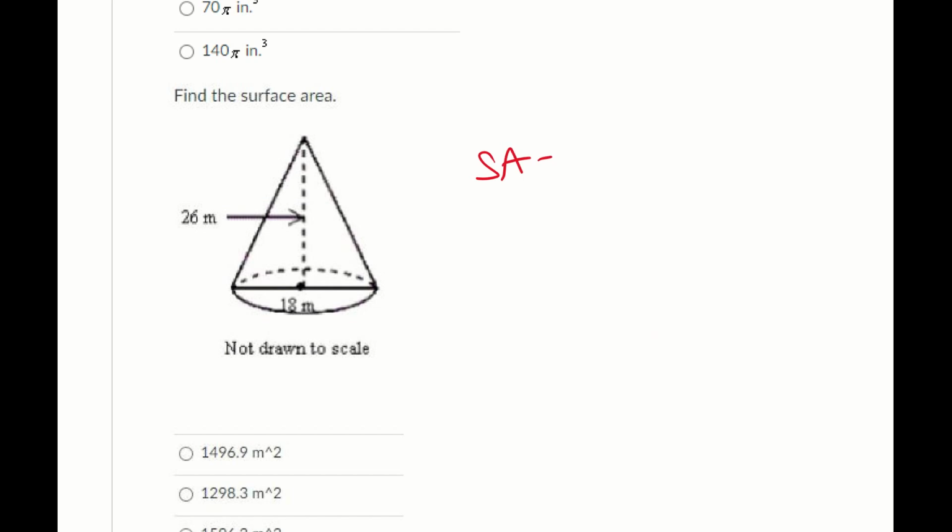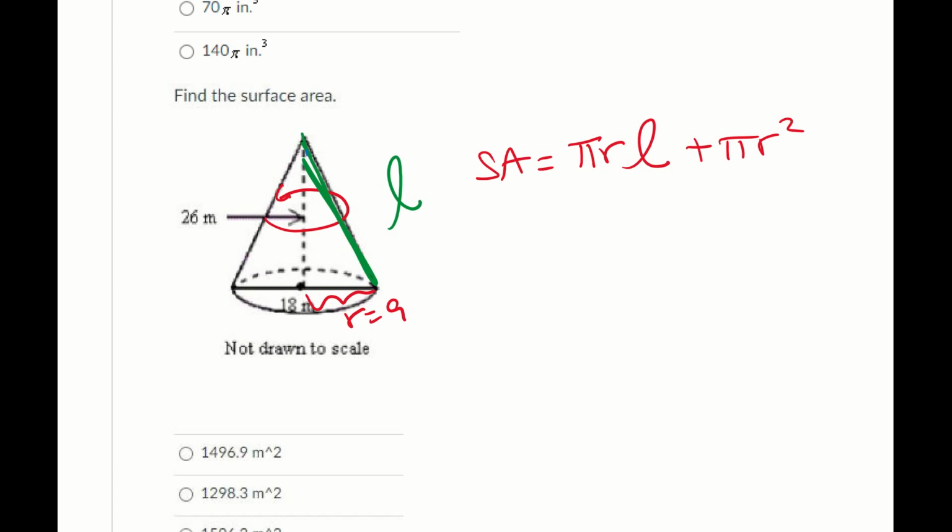Find the surface area of the cone. Now, the surface area of a cone is the part that wraps around, which is pi times radius times the slant height, plus the base on the bottom, which is pi r squared, right? The radius of this is 9, so we can plug that in for 9 both here and here. Now the L, we have to actually find the L, and that's the slant height. We know the actual height, so we can use the Pythagorean Theorem with the radius and the height.